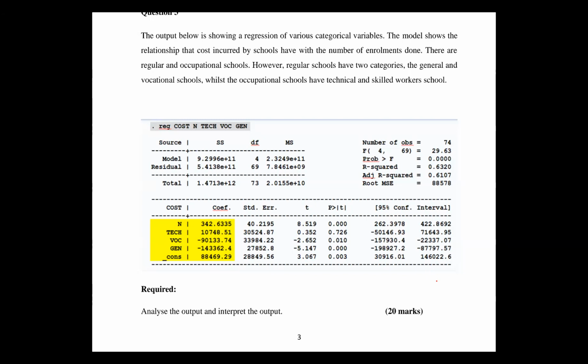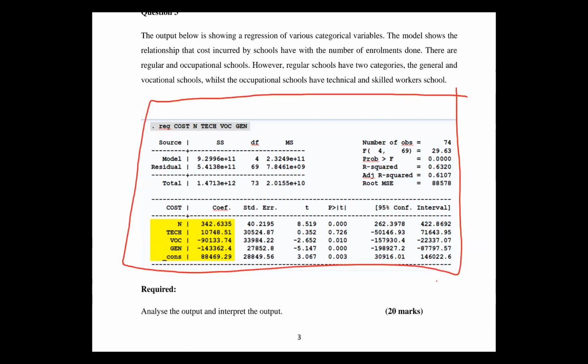So we assume Stata was commanded, and this was the output. The output shows the regression of various categorical dummy variables. The model shows the relationship that the cost incurred by schools has with the number of enrollments done.